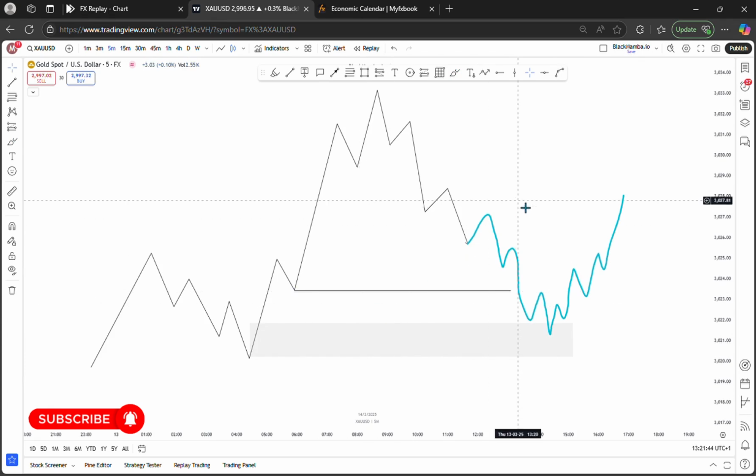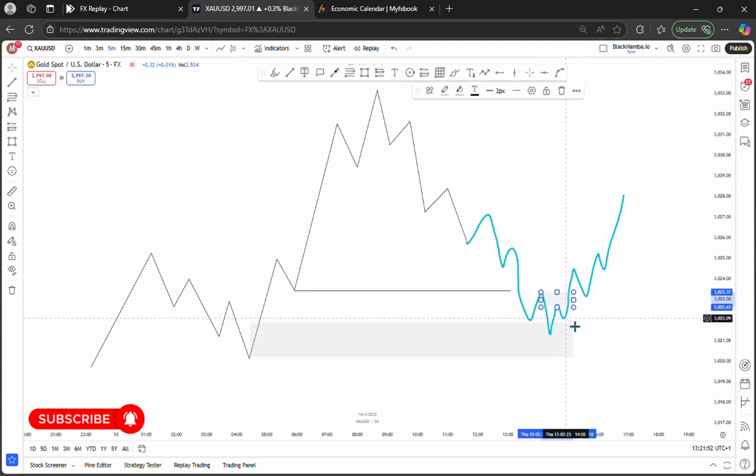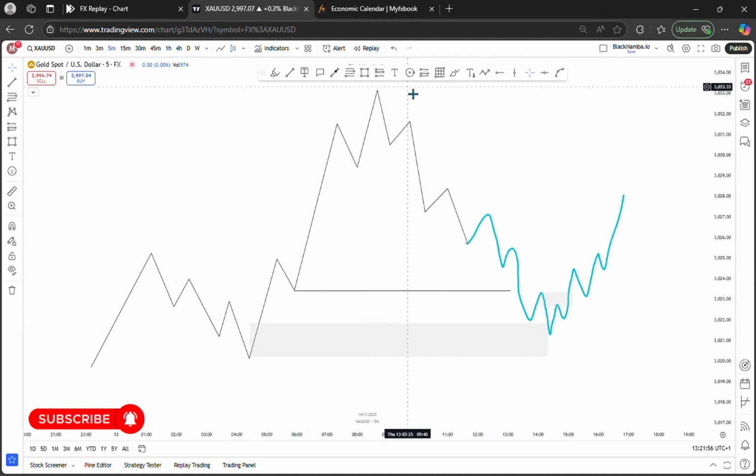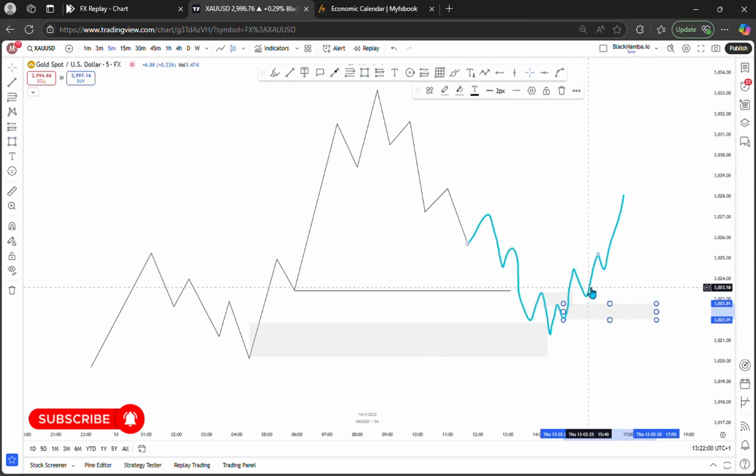When price tagged into this zone, I'm waiting for a supply to fill like this, giving me this flip zone and then printing an inducement close to my flip zone like this. So I'll be expecting price to come back to this zone here like this.